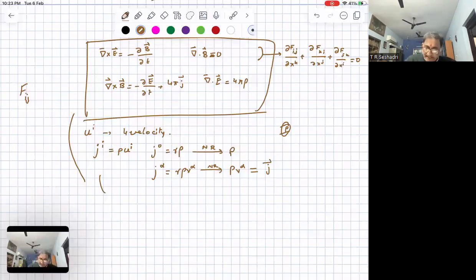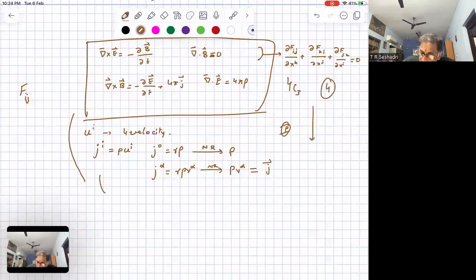And the interesting thing is, since i, j, k can take 4 values, and these are only 3 values at a time, I can have 4C3 combinations, which is basically 4 equations.